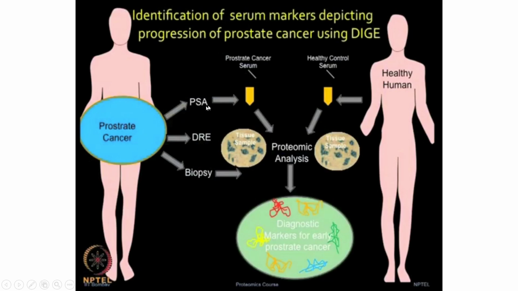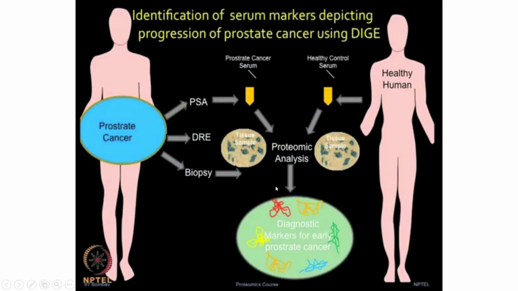This is prostate specific antigen, a general antigen which is generally present in higher amount if a person is suffering from prostate cancer. So that was the main protein you are looking for when you are doing the DIGE technique. You take a prostate cancer patient's serum sample, then there is a healthy control sample.